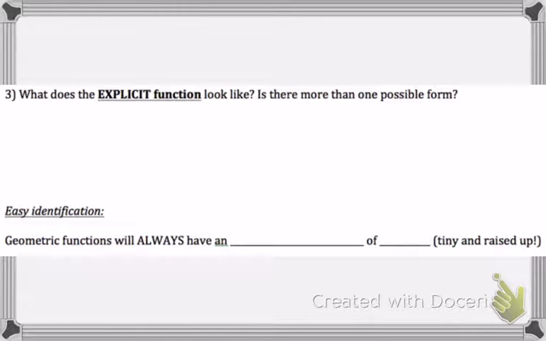Okay, so what does the explicit function look like? Is there more than one way to write it? For this one, there really is only one way. So we have f of n equals I times m, and then we have this little bitty raised up n right here. It's smaller and it's raised up.